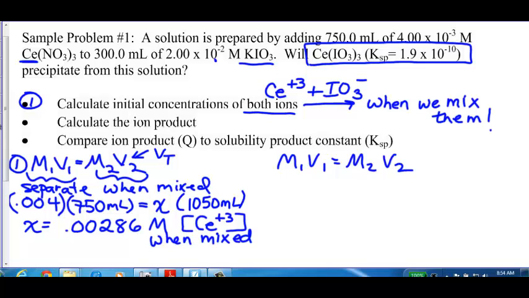So M1 is 0.02, V1 is 300. What is the molarity going to be when we mix them together, with a total volume of 1050?